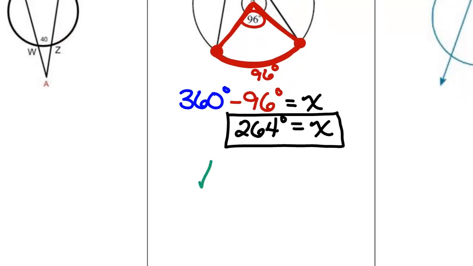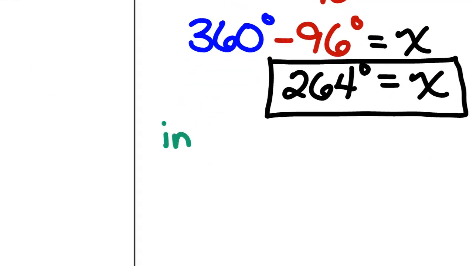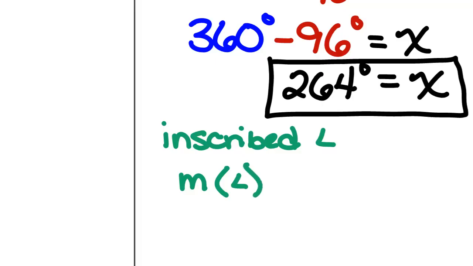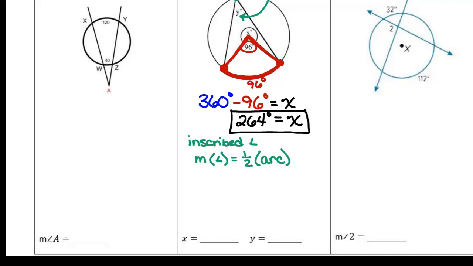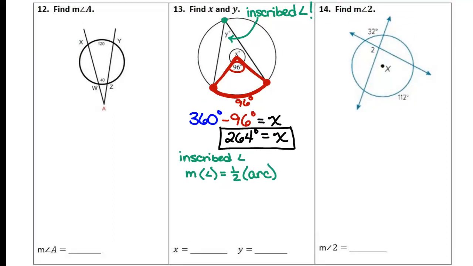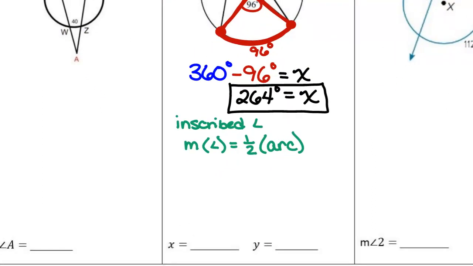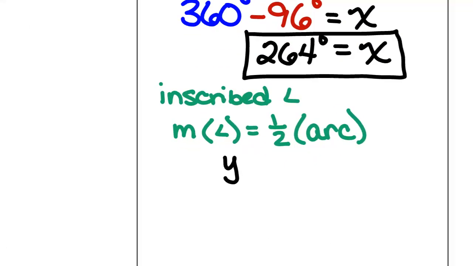When we have an inscribed angle, the measurement of the angle is equal to half the measurement of the arc. Do we know how big the angle is? Y, yes. We're just going to put a y in that spot. So y equals 1/2.